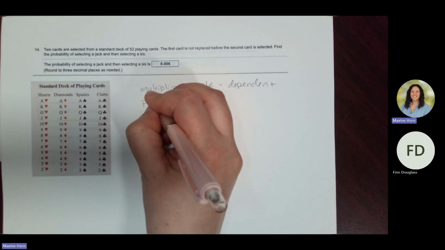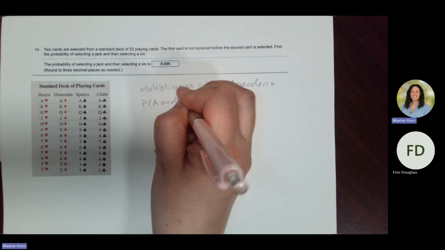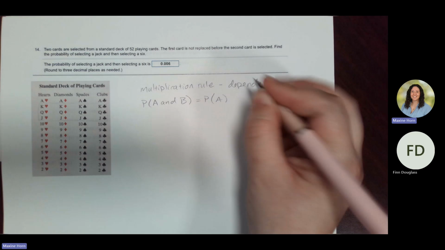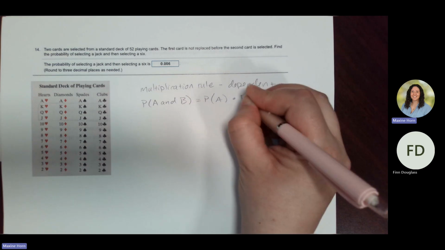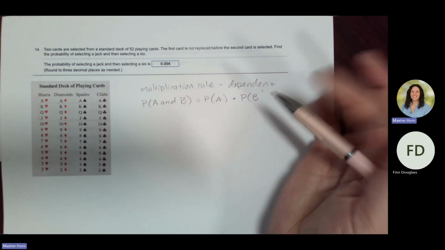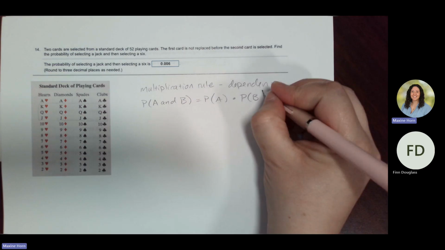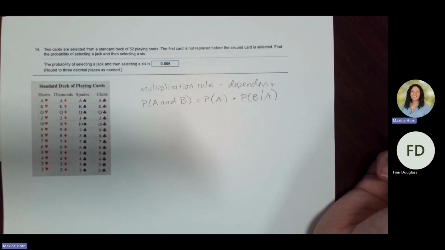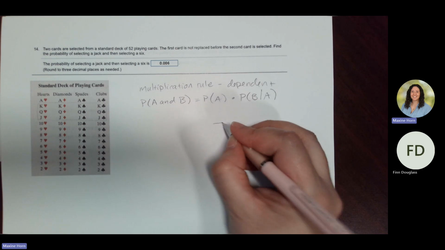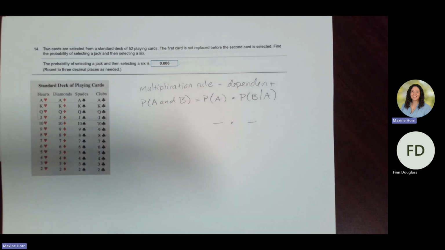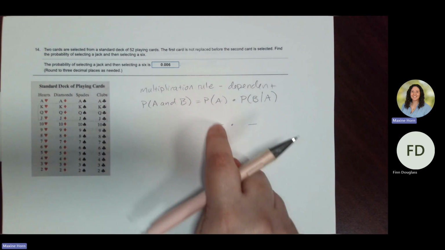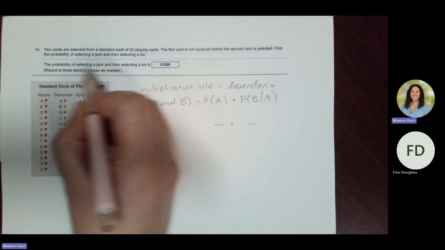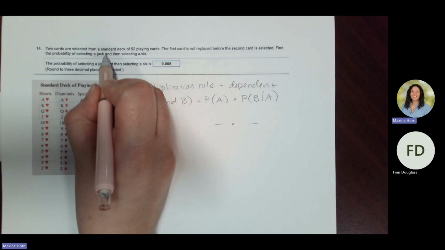So this is the probability of A and B. We do the probability of A times the probability of B given A. All right, so we're going to create 2 fractions and multiply them together. One fraction is going to be the probability of event A happening, which is selecting a jack.